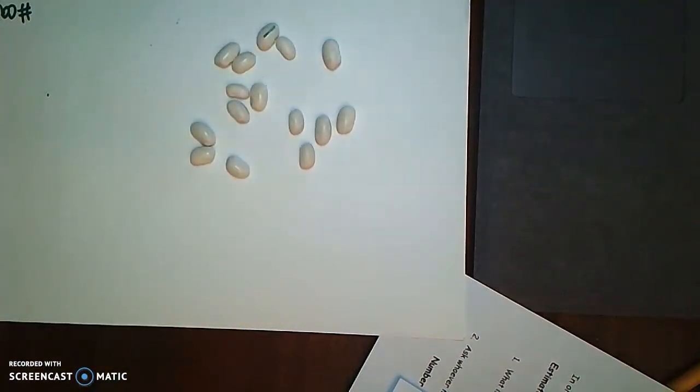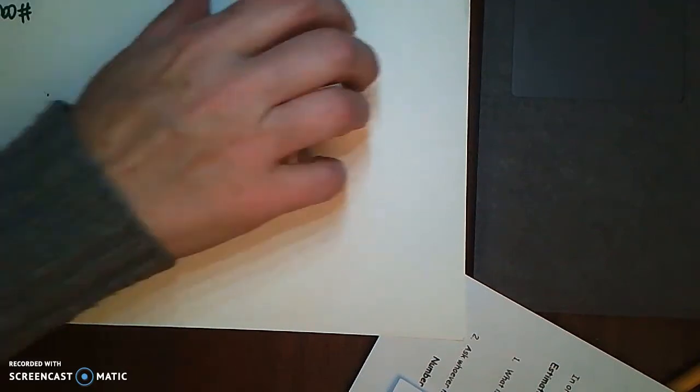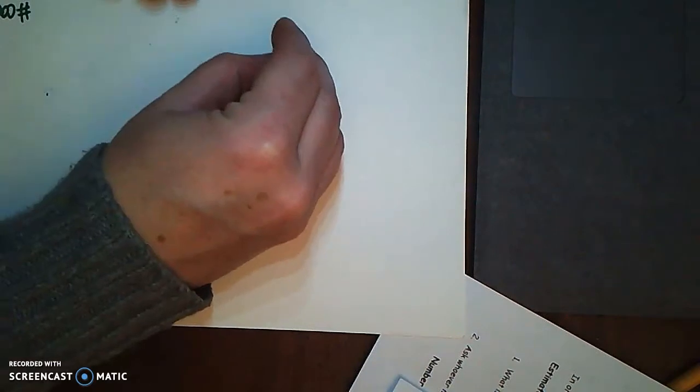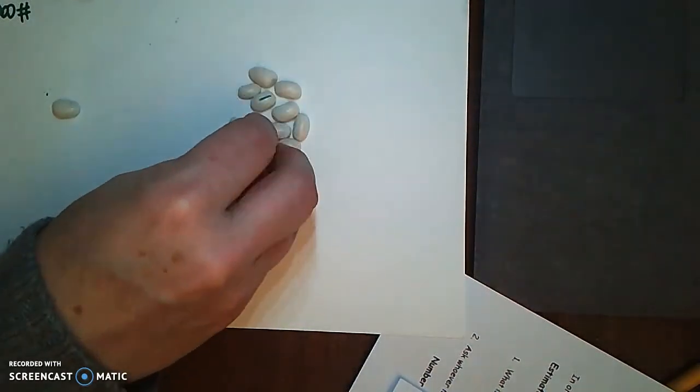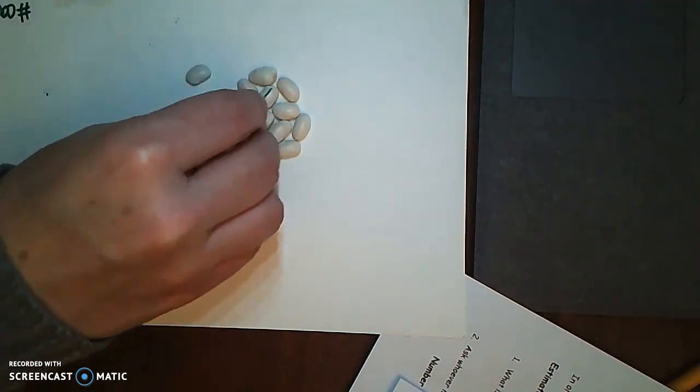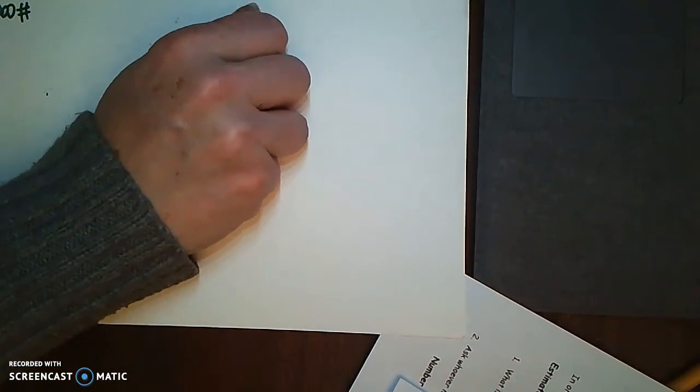Okay, trial number 7, we pulled 15, we had 1 marked. That's number 7. 1, 2, 3, 4, 5, 6, 7, 8, 9, 10, 11, 12, 13, 14, 15. All right, again, we captured 15. We got 1.